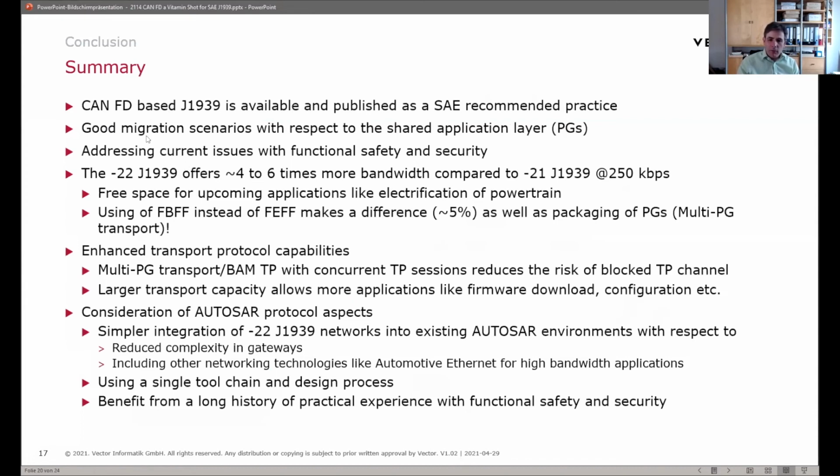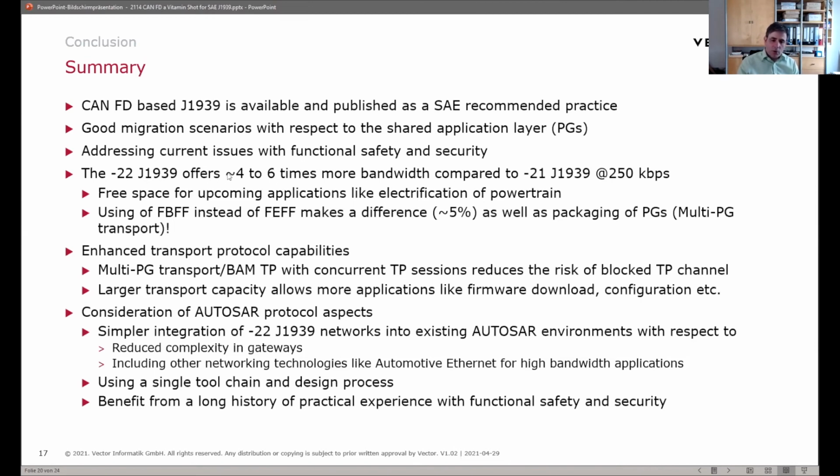It will have an impact on the communication layer and probably no impact on the application layer. If you have applications which suffer for safety and security reasons, then the CAN FD protocol is really addressing those issues.